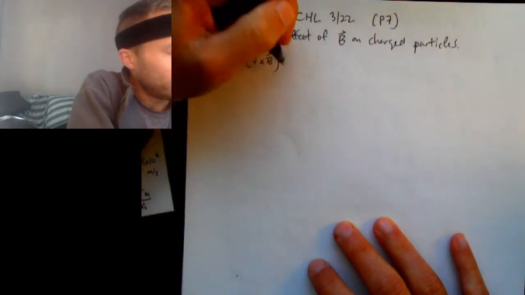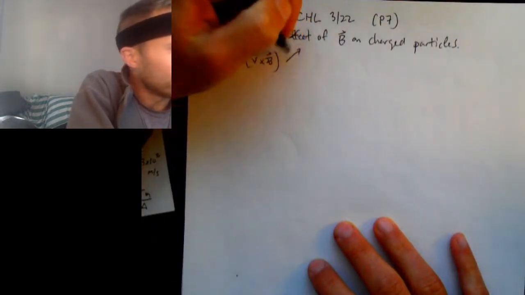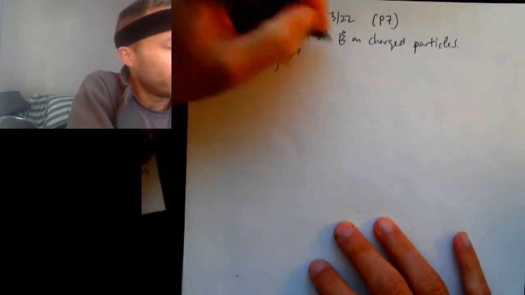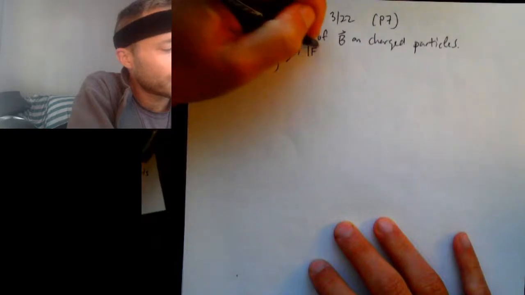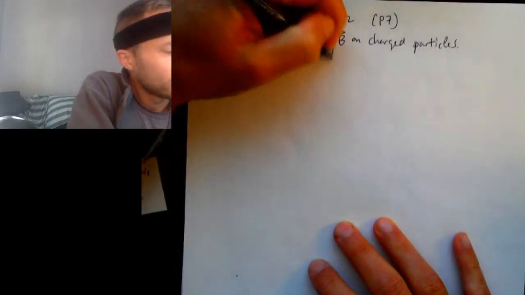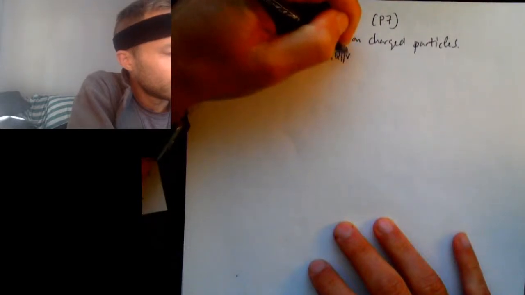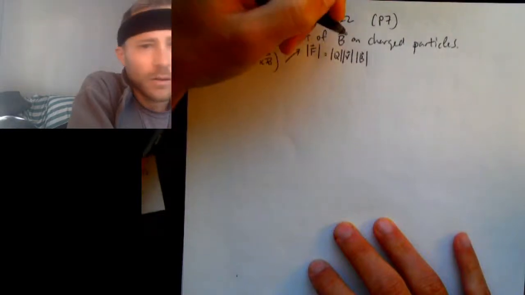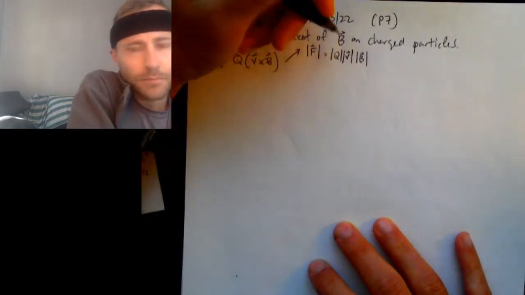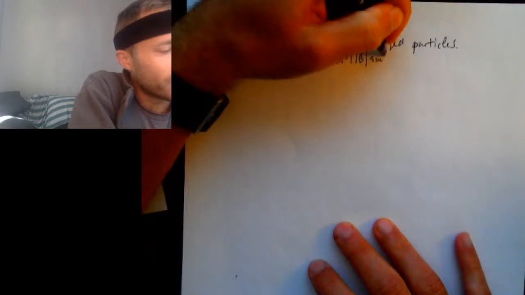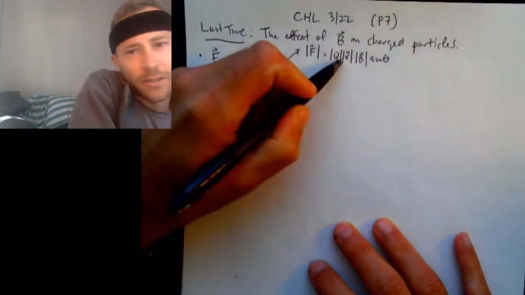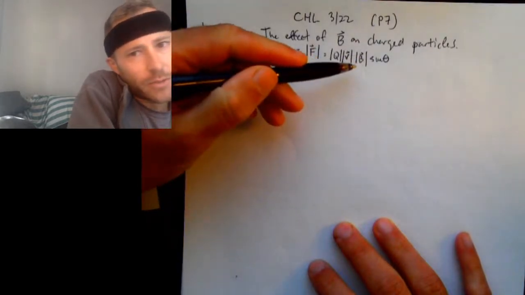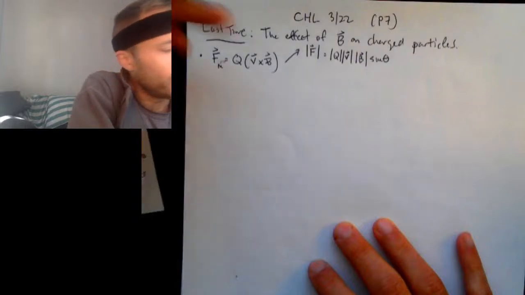At our level, most of the time we use the formula for the magnitude of the magnetic force, which is the magnitude of the charge times the magnitude of the velocity, also known as the speed, times the magnitude of the magnetic field times the sine of the angle between the two.